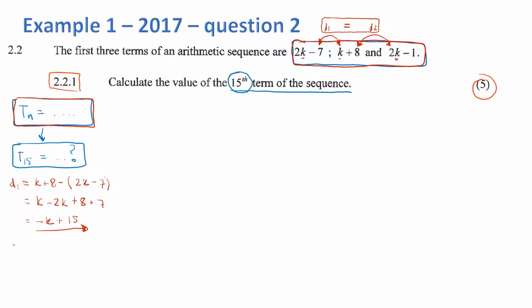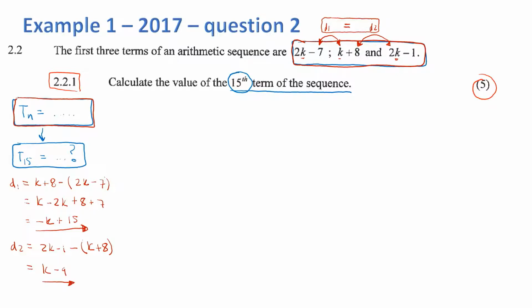Okay, and we're going to do the same here in this corner for the second distance. We've got 2k minus 1 minus k plus 8. Cool. Now I'm going to just write the answer here: that's k minus 9. You can figure that out.